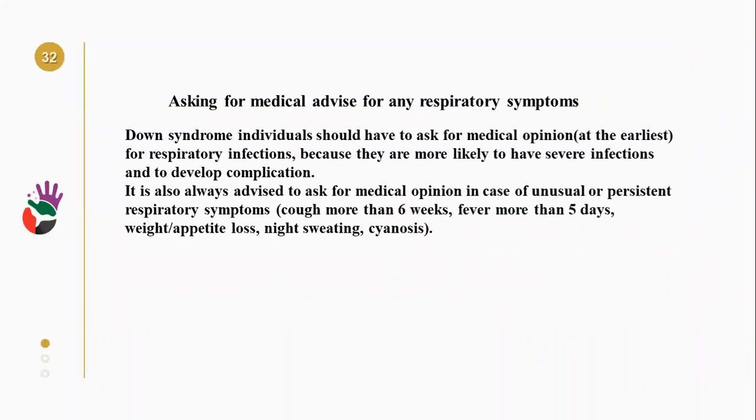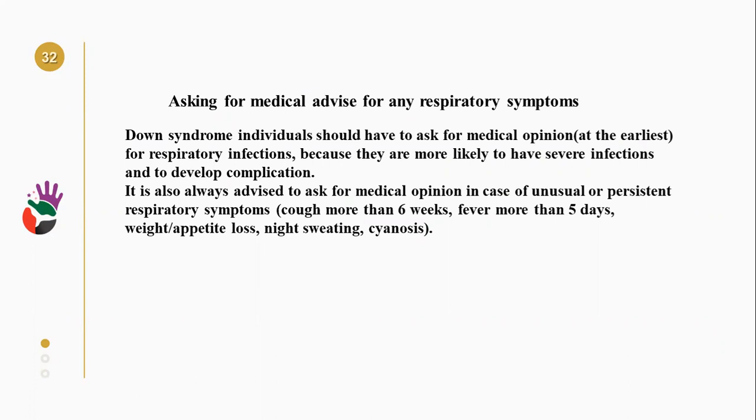Then last, asking for medical advice for any respiratory symptoms, because respiratory infections in Down syndrome individuals can be more severe and have more complications. So it is very important to remember to ask for medical opinion at the earliest for respiratory infections.